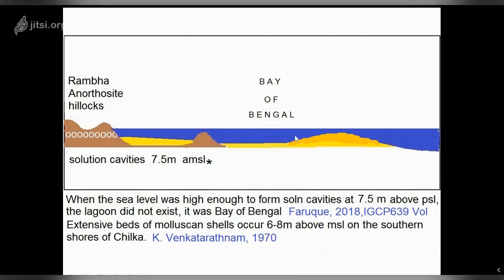But it might have been there anyway. Because of the rise of the sea level above the present sea level, it has submerged this spit, whatever little spit was there, and the spit was in the stages of formation.